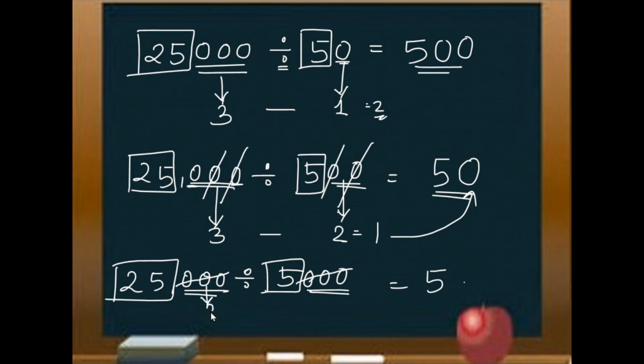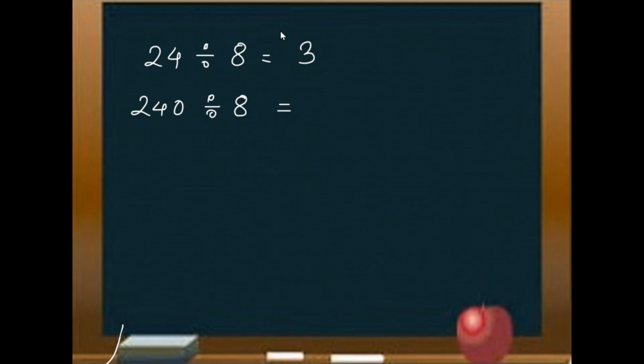So you can see there are 3 zeros here and 3 zeros here. 3 minus 3 is 0, so there are no zeros over here. Let's take some more examples. Now let's take a different number. I have 24 divided by 8, which is nothing but 3. I'll keep on adding zeros so that it is easier for you to understand.